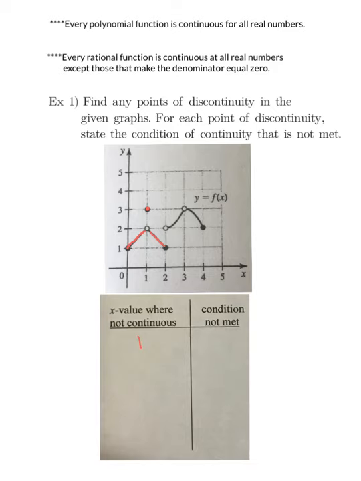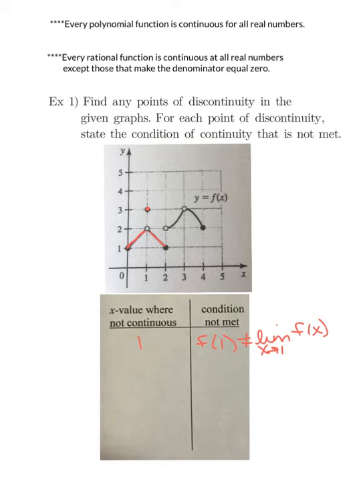Condition 3 says that the value of the function and the value of the limit have to be the same. Well, we said that the value of the function is 3 and the value of the limit is 2. They are not the same. So the condition that is not met is that f of 1 is not equal to the limit as x approaches 1 of our function.